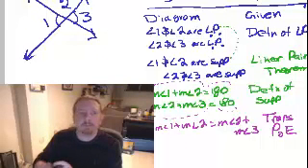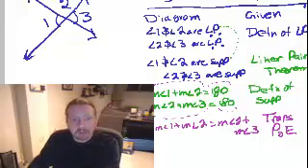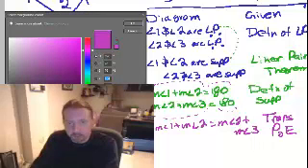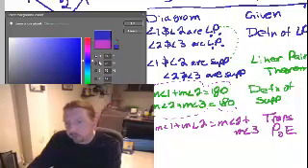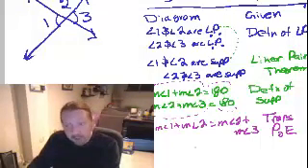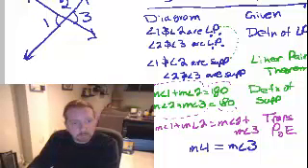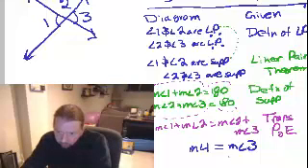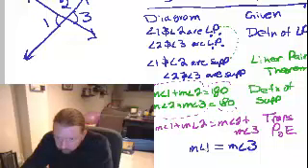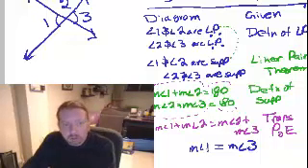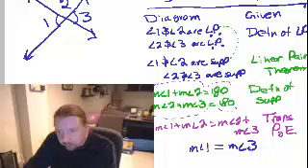Almost there. Now, the next step in the proof, I'll give you the step, you think about the justification. The step says on my page, measure of angle 1 equals measure of angle 3. That looks like a 4. Let me clean that up. There we go. So measure of angle 1 equals measure of angle 3.